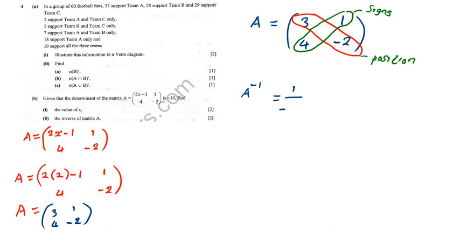So it will be 1 over negative 10, open bracket. In the major diagonal we are exchanging position, so 3 will go where there was negative 2, so we have negative 2 here, and 3 will go that side. And in the minor diagonal, they exchange signs. Since they're all positive, they will be negatives, so negative 4, negative 1, like that. So that's it for this video.